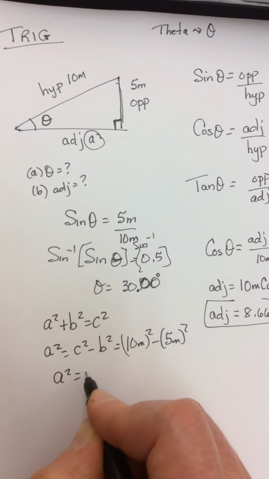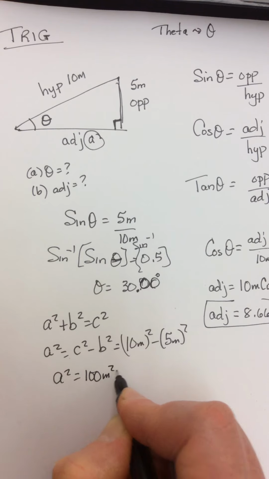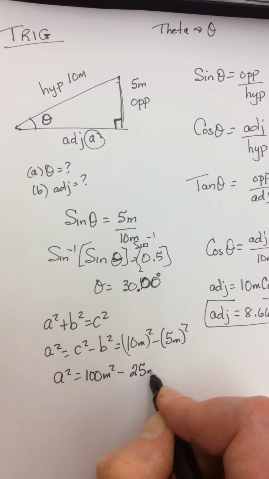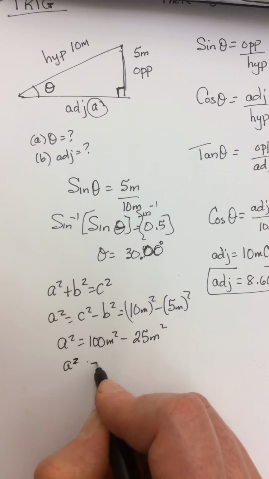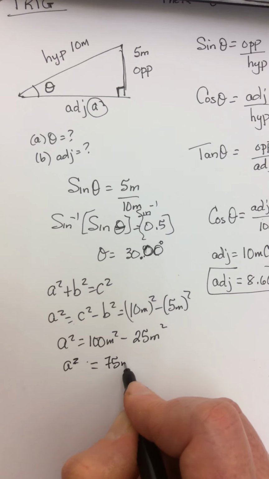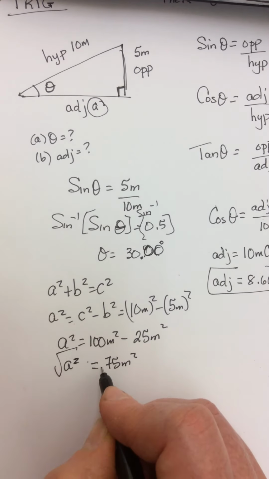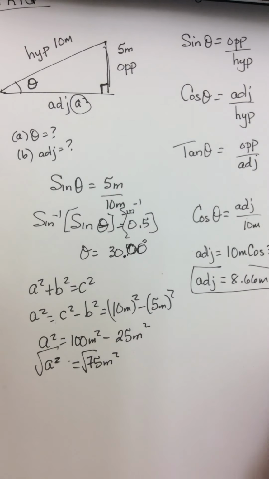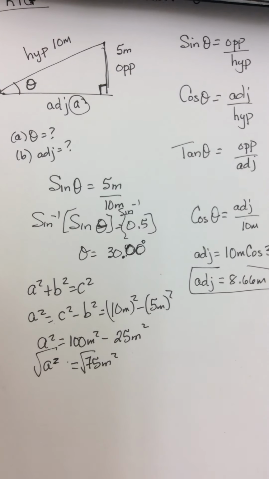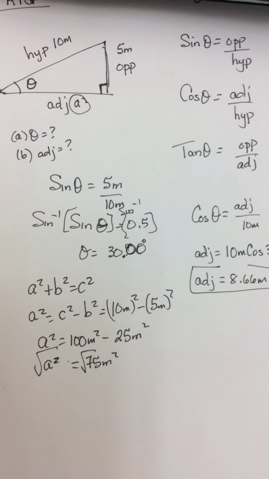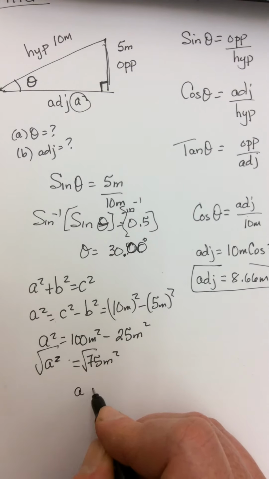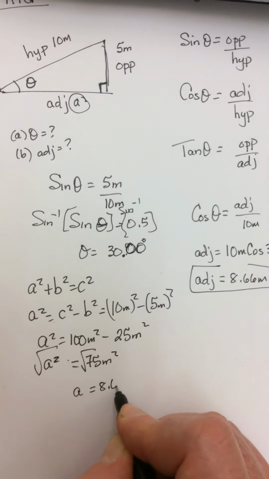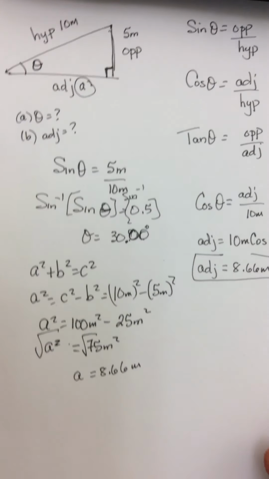So a squared would be equal to 100 meters squared minus 25 meters squared. A squared would be equal to 75 meters squared. Take the square root of both sides, and if I was a betting man, I bet you get 8.66 with a few more decimals there. Look at that, 8.66. Because you should get exactly the same answer, no matter which way you do it.